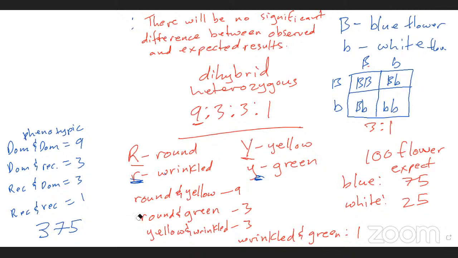So now, my question: if you've got 375 pea plants, how much of them do you expect to be round and yellow? How would we get the answer?